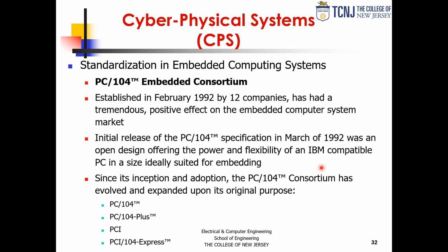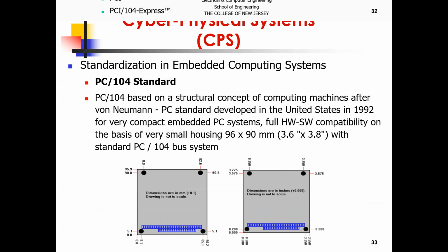The 104 originally came from the number of pins in the connector. That's where the 104 comes from, just some trivia. It took 104 pins in this connector that they define physical connectivity for the system. And this is a standard of a system.